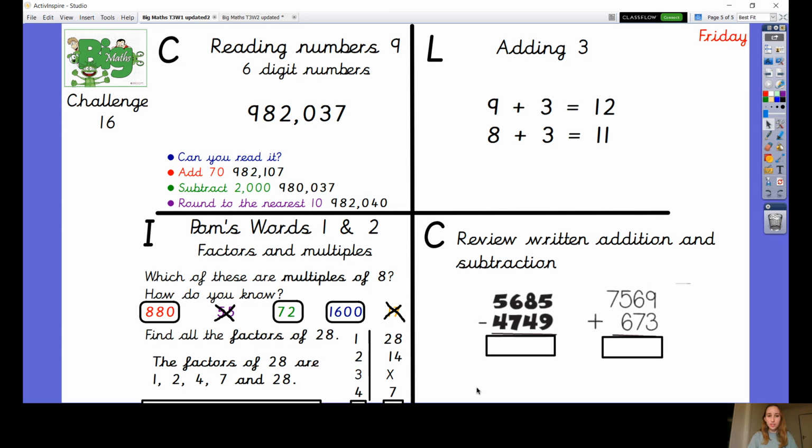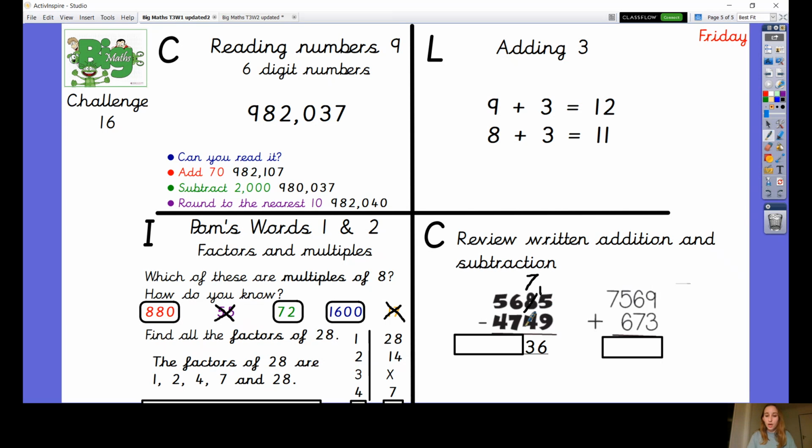Okay, so let's start with the subtraction then. In the ones column, I've got 5 ones take away 9 ones. Now I can't do that without going into negative numbers. So I'm going to look at the tens column. I'm going to regroup one of these tens, making 7 left. And that will make 15 in my ones column. 15 ones take away 9, okay? Which I can do, and that leaves me with 6 ones. In my tens column, I've now got 7 take away 4, which leaves me with 3 tens.